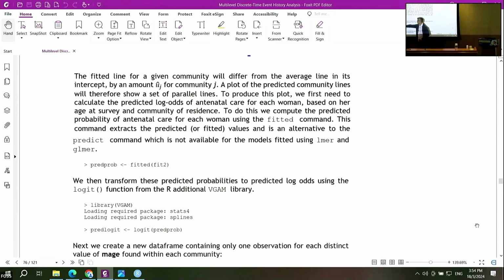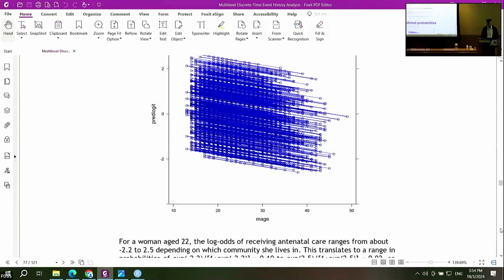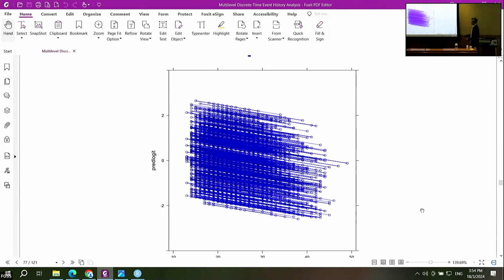We need to first run this library, VGAM, to get back the predicted probabilities, and then to get at the predicted logits. Once we've got the predicted probabilities, this is mother's age over here. If you remember, it was a random intercept model, so there was no variance in the slope term for age.